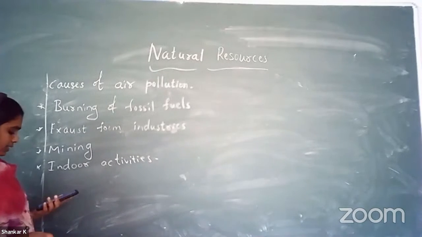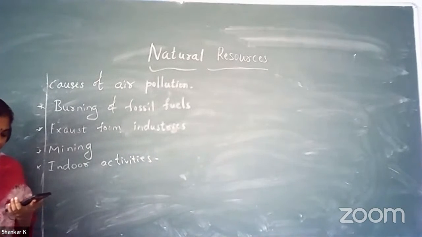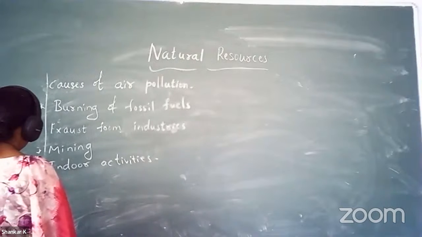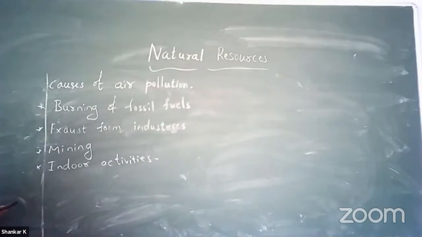Cleansing agents and paints used in the house release harmful substances. These are just some types of air pollution. And vehicles, moving vehicles. Many others, you can add those points.